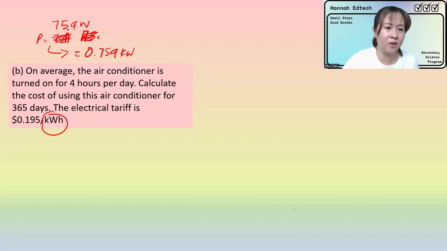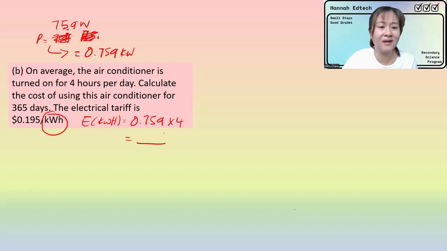So for 4 hours, the energy in kilowatt hour will be 0.759 times 4. And then you times this, which is the cost for 1 day, by 365 days, and you will have the answer.